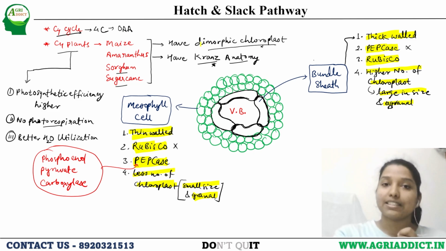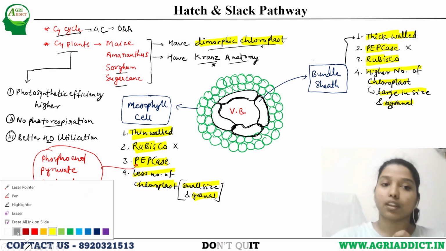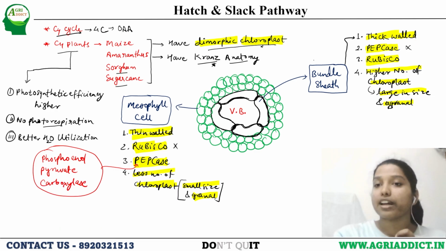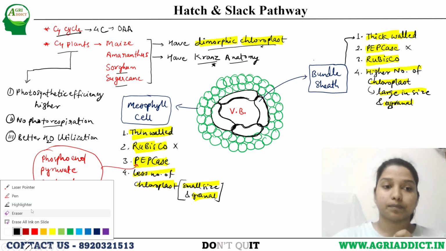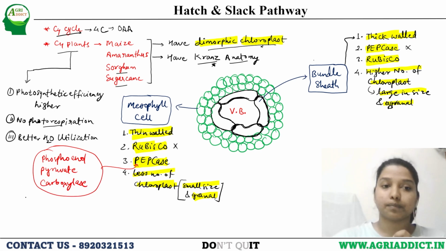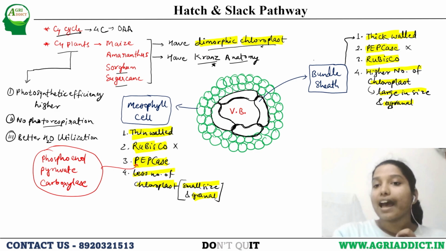As we studied, dimorphic chloroplast means two kinds of chloroplast. Morphologically, the chloroplasts are different. In bundle sheath cells, we have larger size chloroplasts and agranal chloroplasts.